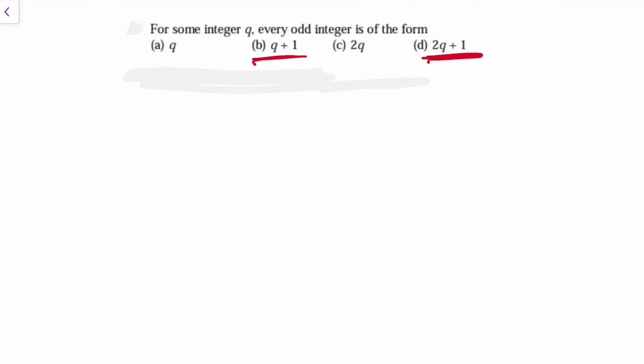Whenever you get this kind of question, we need to check very clearly what they have given for q: whether an odd number is given, or an even number, or a natural number, or a whole number, or an integer.